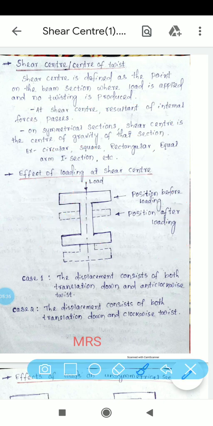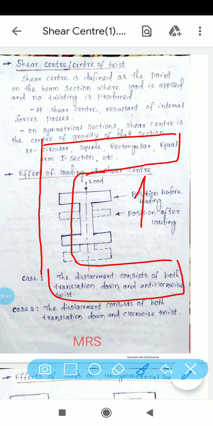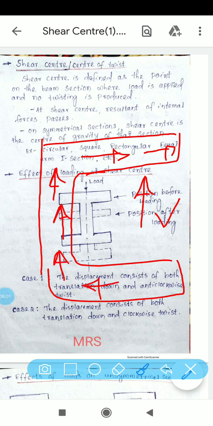Again, this one is your C section. Let us assume V is your shear force acting like this. Then the stress flow diagram is like this. And here F1, here also F1.